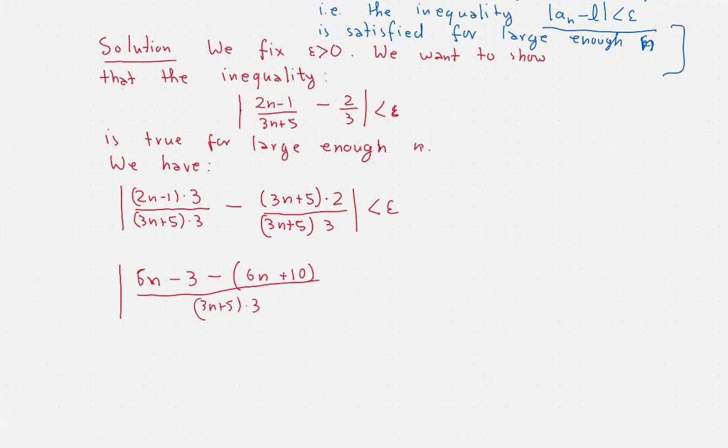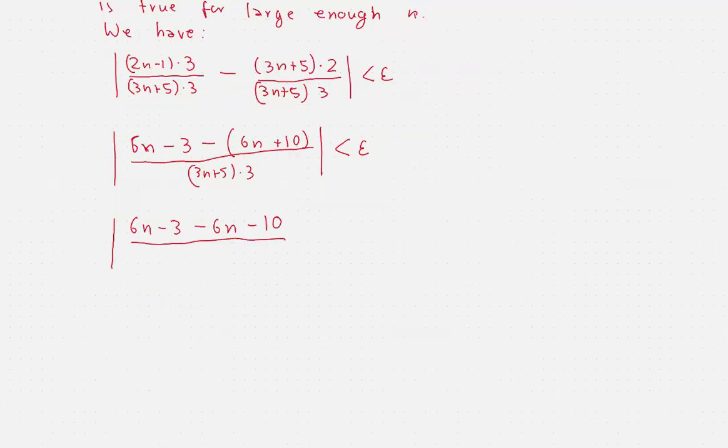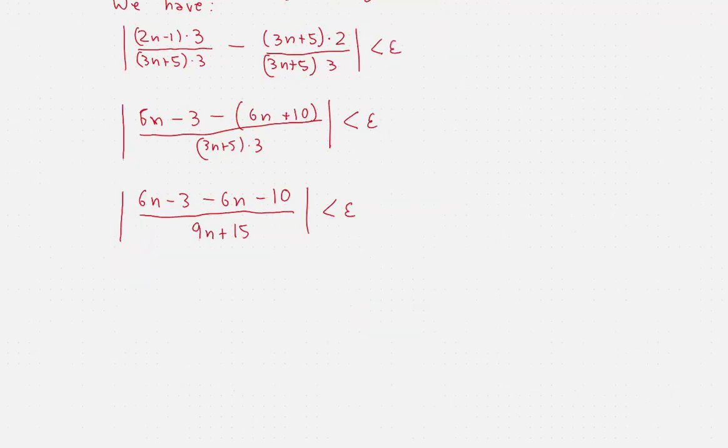So this will give us 6n - 3 - 6n - 10 over, and now let's FOIL the denominator just to make it a little simpler. It doesn't really matter, we could avoid this step, but I think it might make things a little simpler. The crucial step here is that the 6n cancels with the 6n here, and on the top we get -13 over 9n + 15 in absolute value.